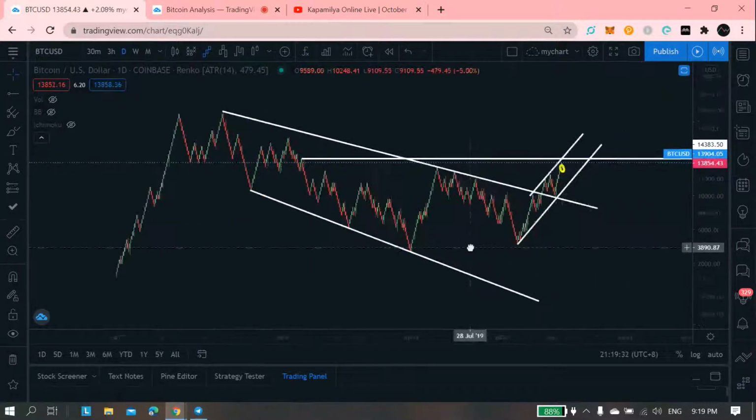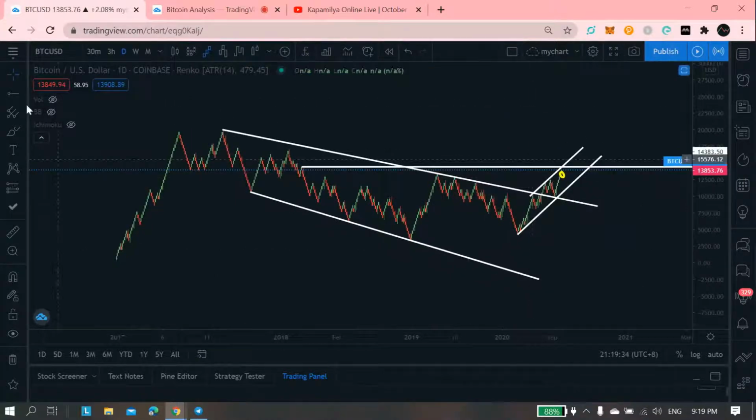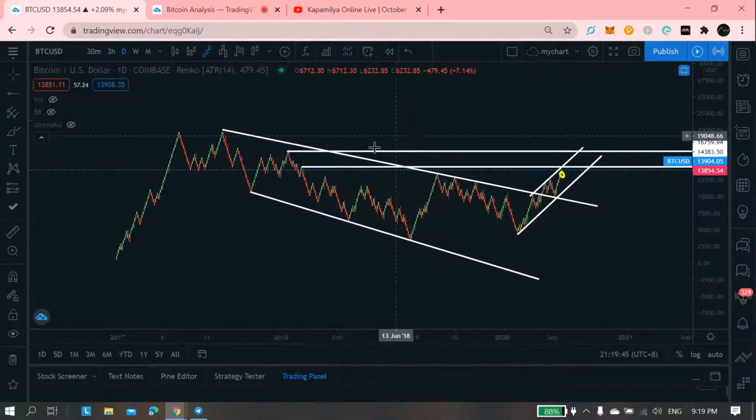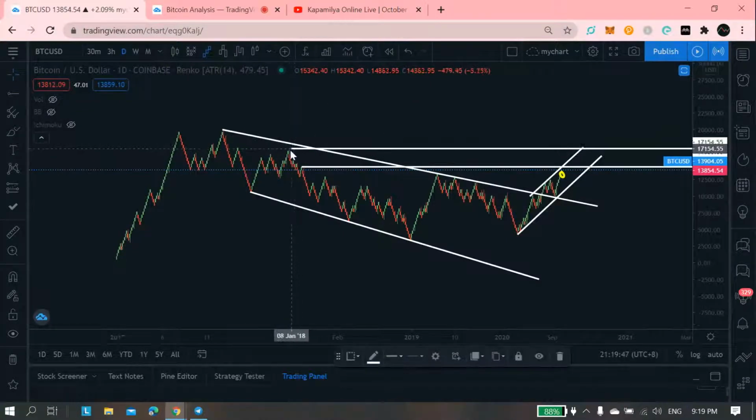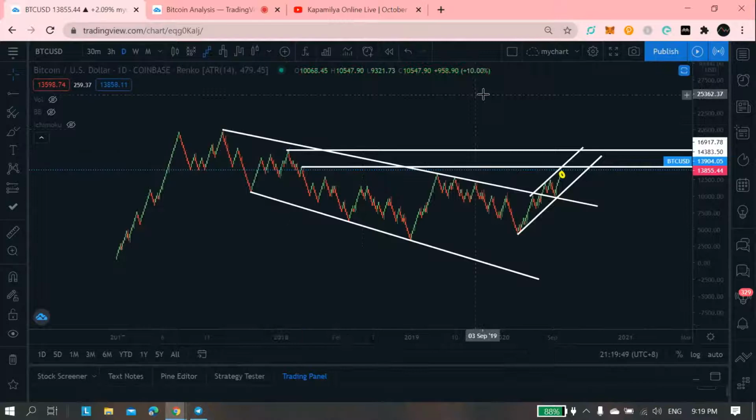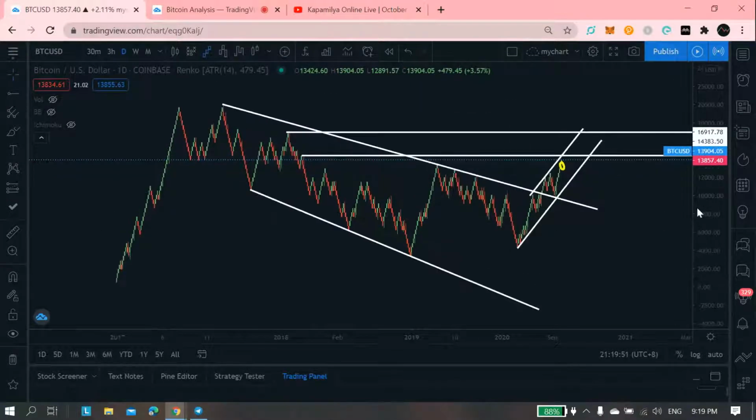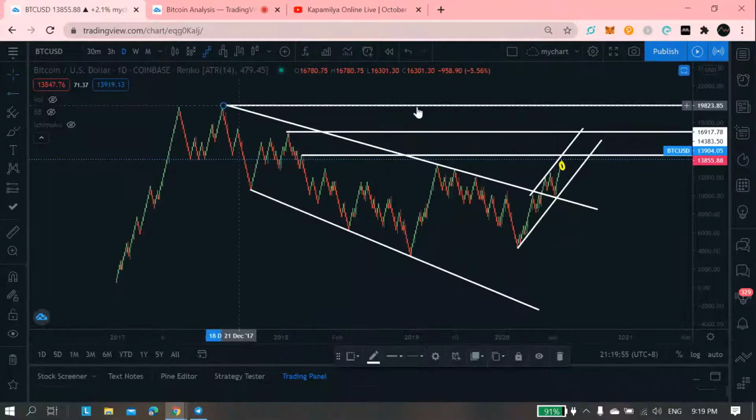But for me, the strong resistance after this 14,000 area is possibly this 17,000 area, which is before the all-time high of close to 20,000.